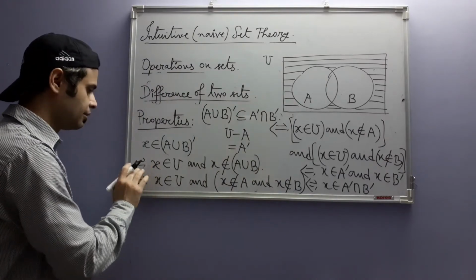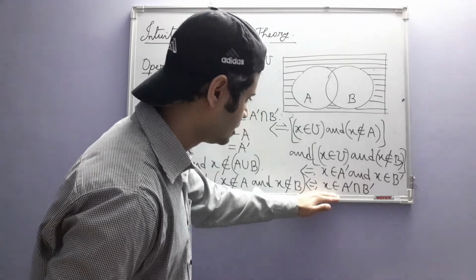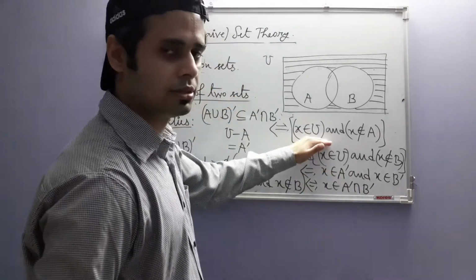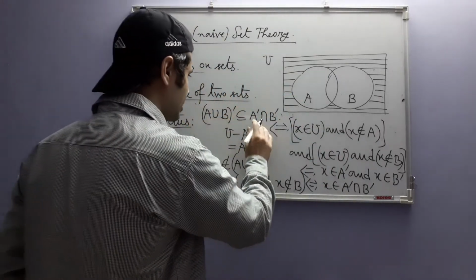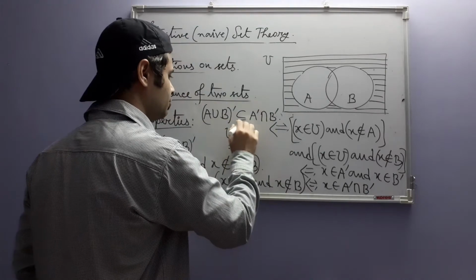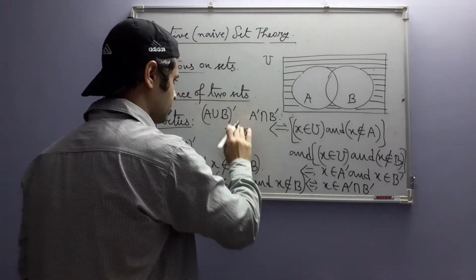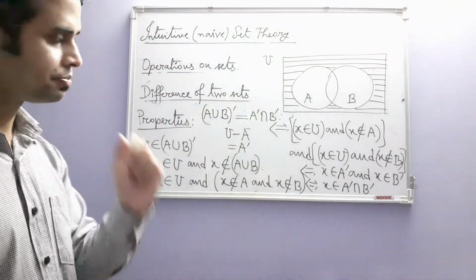You have to understand that once you assume this, it really implies this one, and this one really implies this one. Like that, you go back and you will prove that this is also a subset of this. That will give you equality, and that is one of the De Morgan's laws.